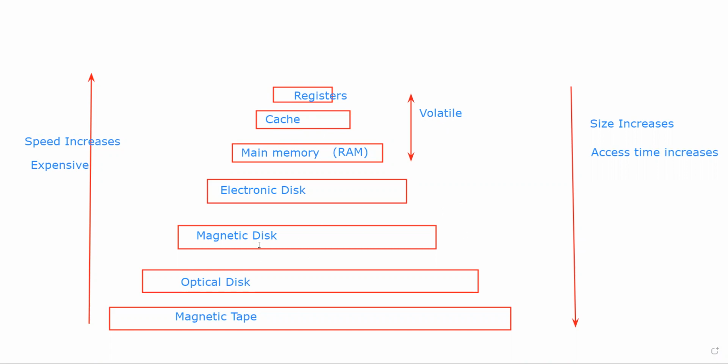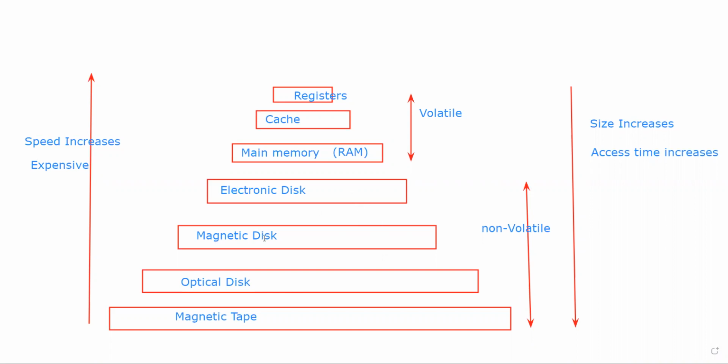And these things, electronic disk, magnetic disk, optical disk, and the magnetic tape, we call them non-volatile. Also we call them the secondary memory devices. Non-volatile means even if the power gets off, the memory is still available.